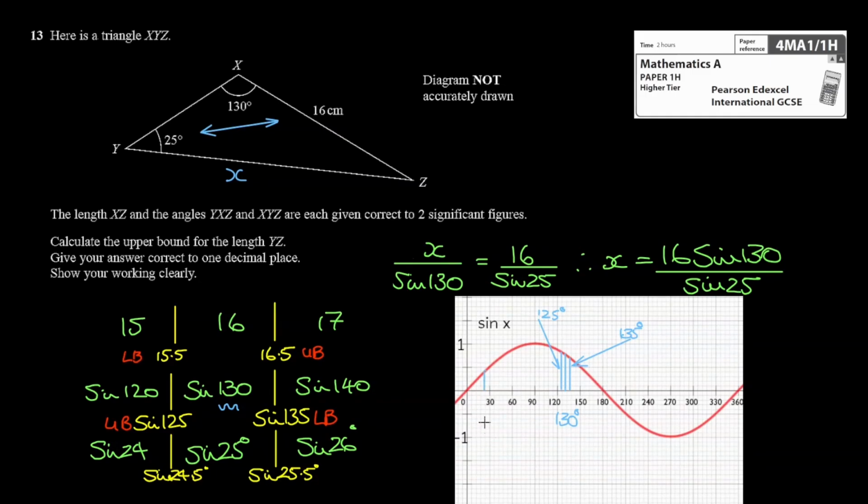If I go up in degrees, so that this is 25.5 degrees, the sine of that angle has gone up as well. And similarly, the lower line, which is representing 24.5, the sine of 24.5 compared with the sine of 25 has gone down. So we're back to normal again: this would be the lower bound and this would be the upper bound of sine 25.